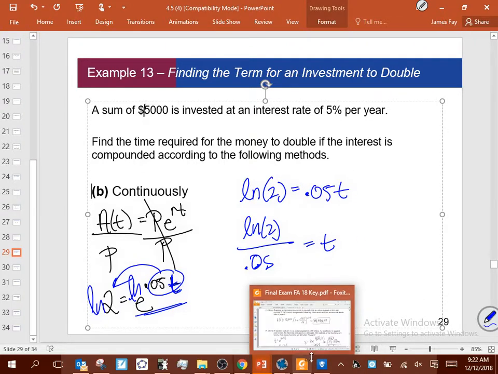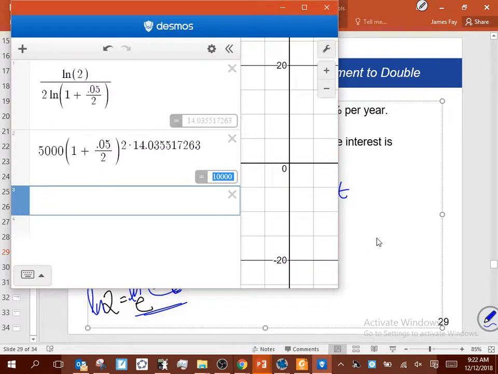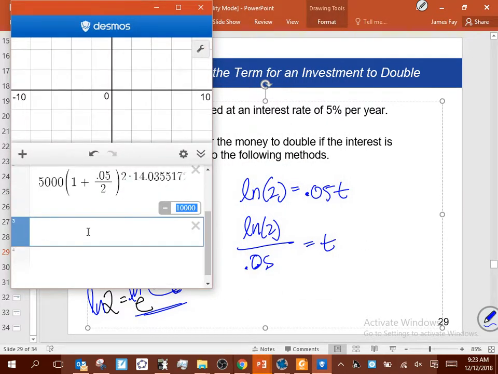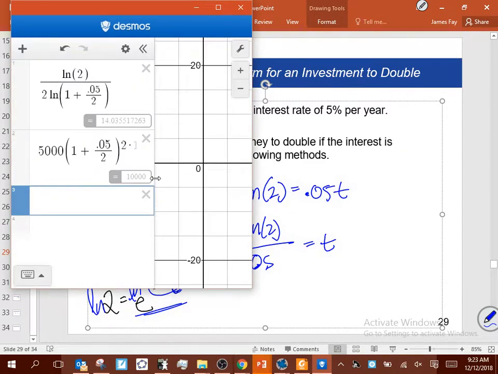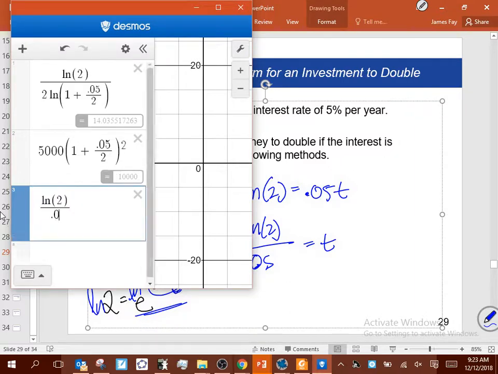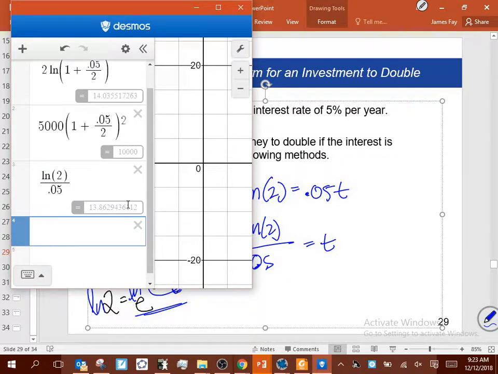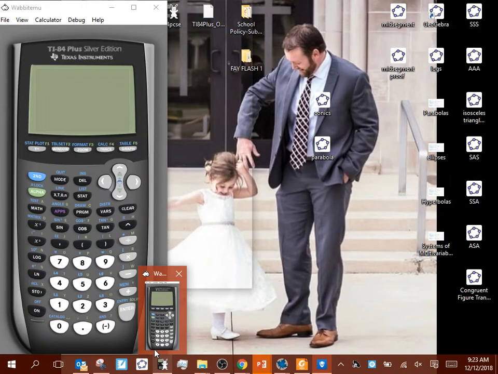Ln of 2 divided by 0.05, and we see that we get about 13.86 years. Is that right?